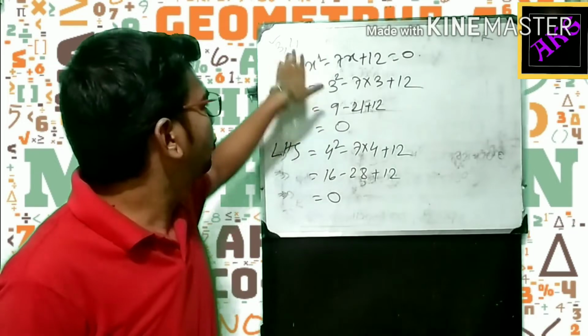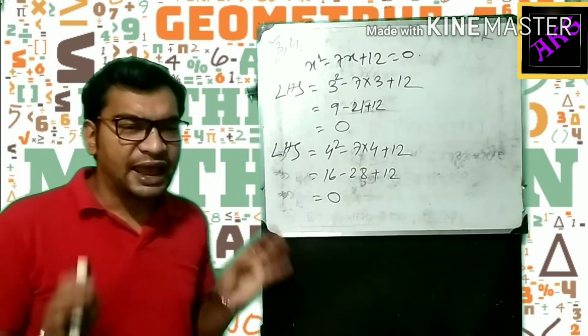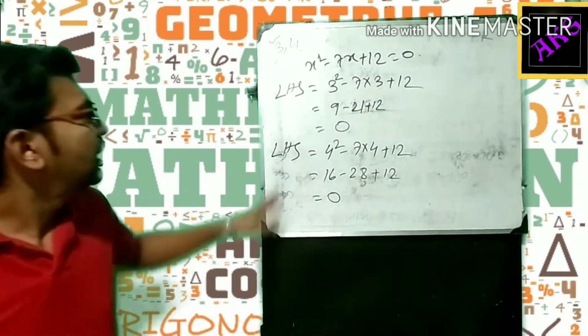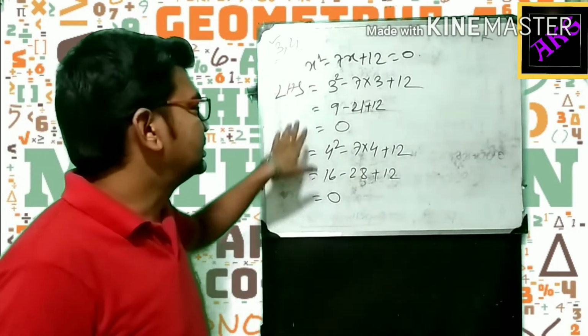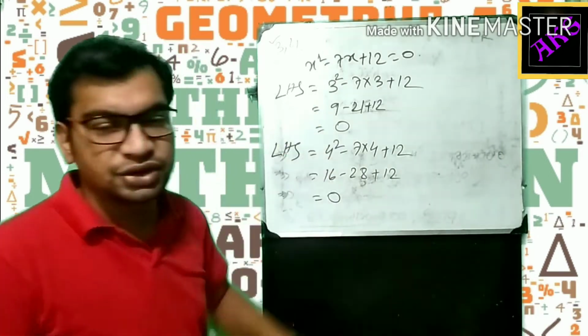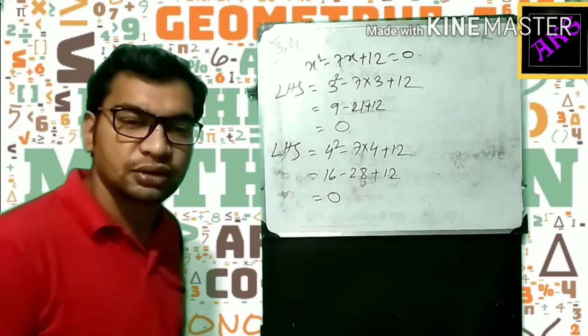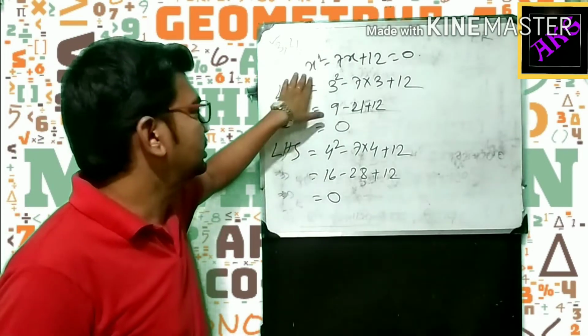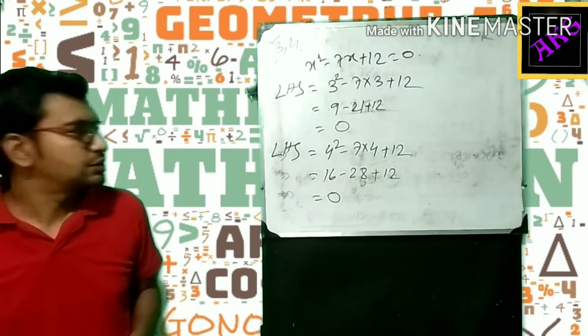So we can say that 4 is also a root of that equation. Now any value other than 3 or 4 will not satisfy this equation, because a quadratic equation can have exactly 2 roots. Okay, a quadratic equation can have exactly 2 roots.